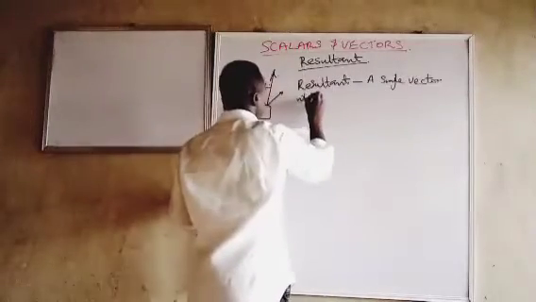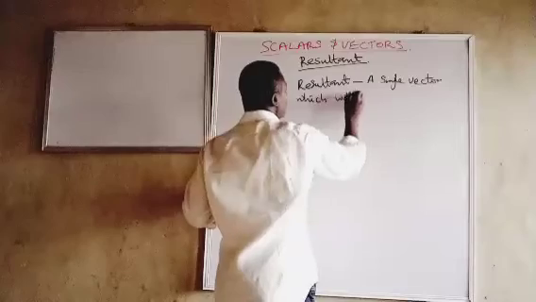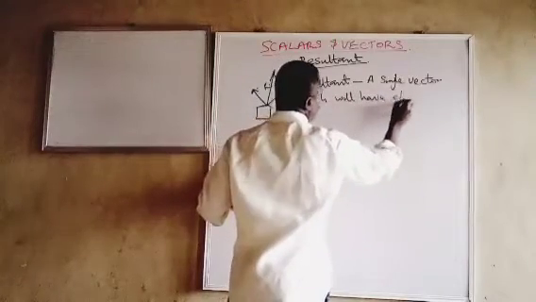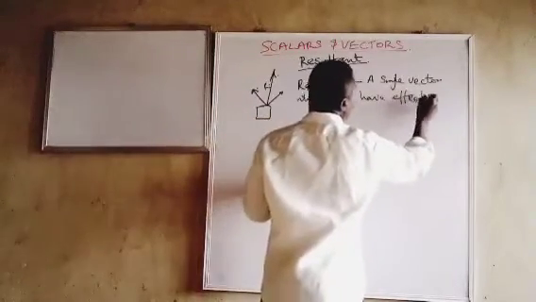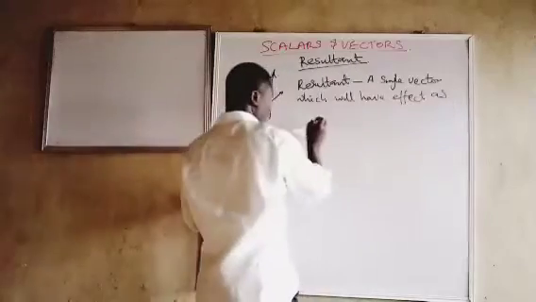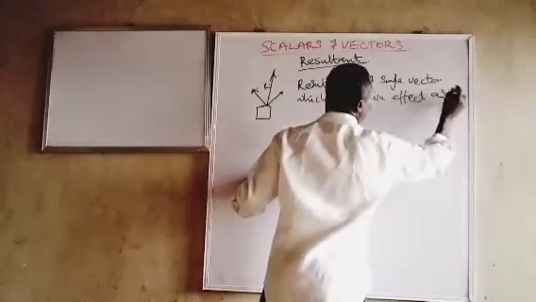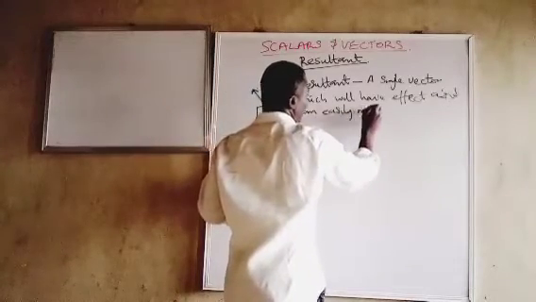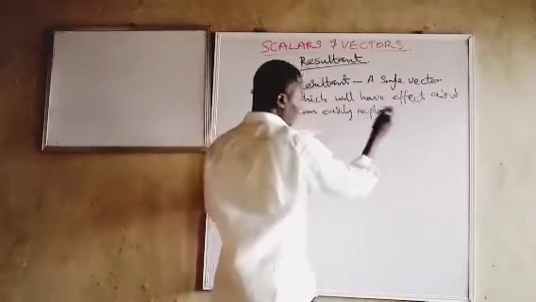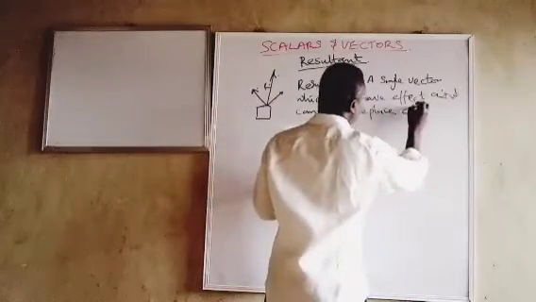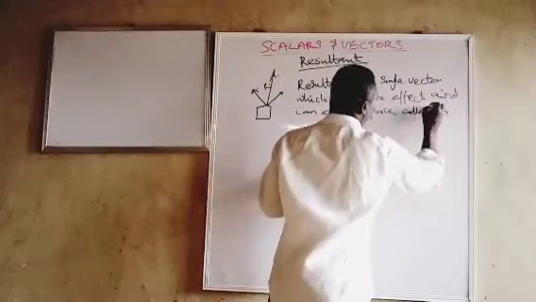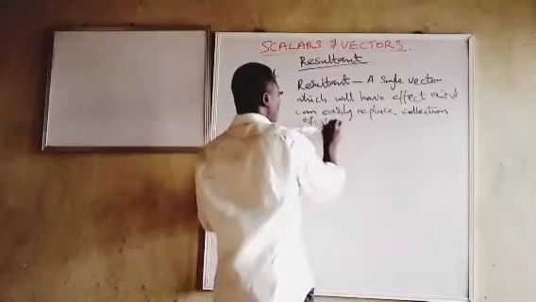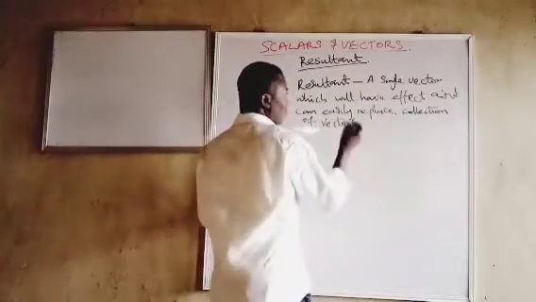which will have the same effects as, and can easily replace, a collection of vectors. Why?